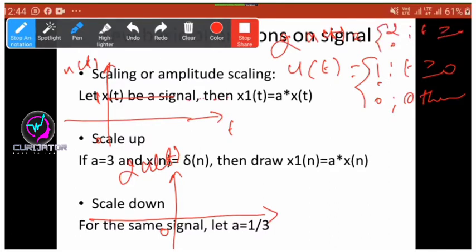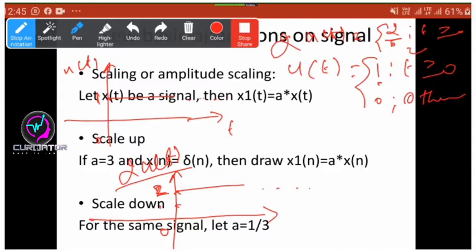So the value will become 2. It will be like this. This is 1, this is 2. For all values of t greater than or equal to 0, our new signal 2 into u of t will have a value of 2.